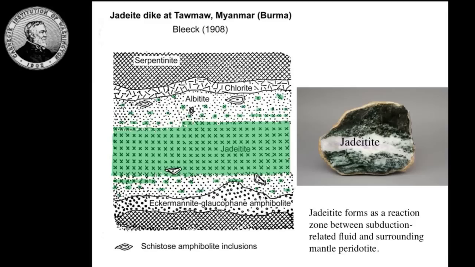So you get these complex reaction zones with jadeite in the core, and then albitite and chlorite, between the main fluid passage and the surrounding mantle.